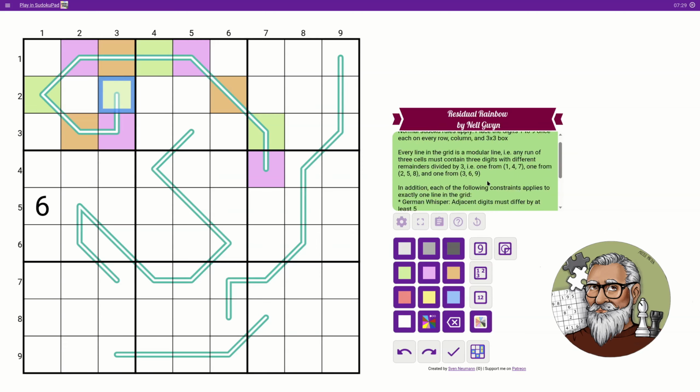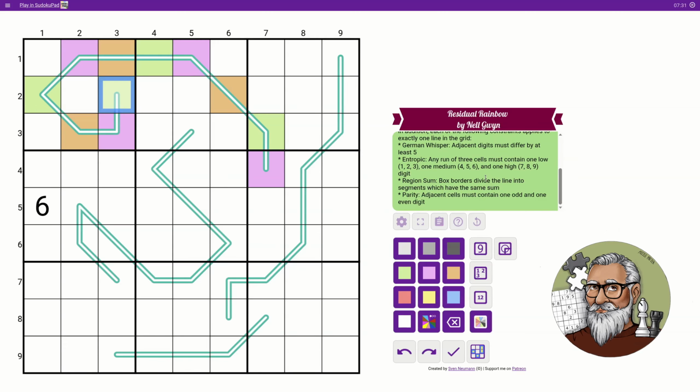Let's have a look specifically at the parity line. No, sorry, at the entropic, because the entropic means that we are repeating the same digit every 3. And this wouldn't work. What about this one? This wouldn't work either. So this one can't be entropic either. This one? This one seems to be okay.